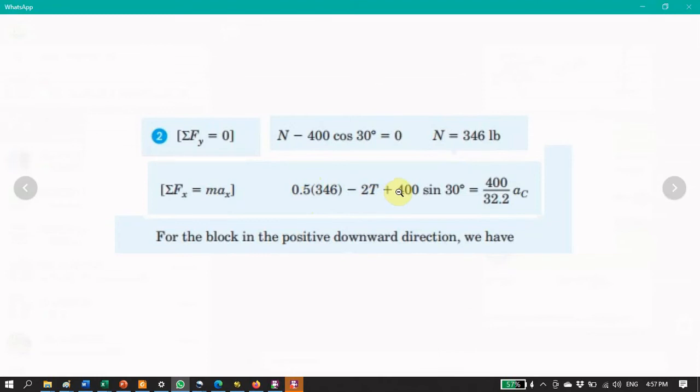And then we have the mass of the log times the acceleration a_C. Actually, it is s_C double dot, the second derivative of the length of the cable, right? So this is how we get the equation of motion.